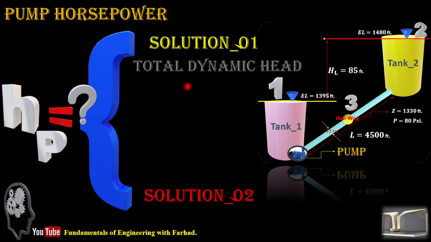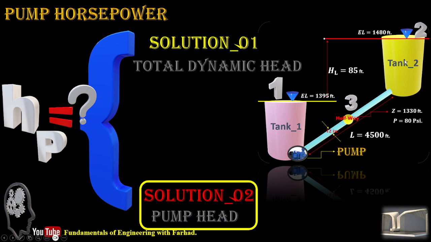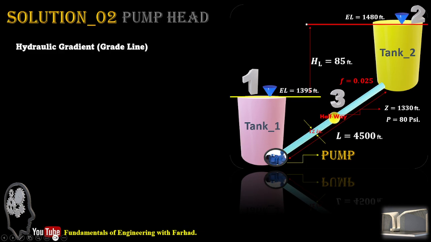We solved the problem with the total dynamic head last time, and this time solution 2 is based off pump head. We are focusing our attention on the pump itself. So in the pump head approach, we can directly jot down the hydraulic gradient line between point 1 and 3. Last time we started with 2 and 3, now we just jump here, considering the pump as well.